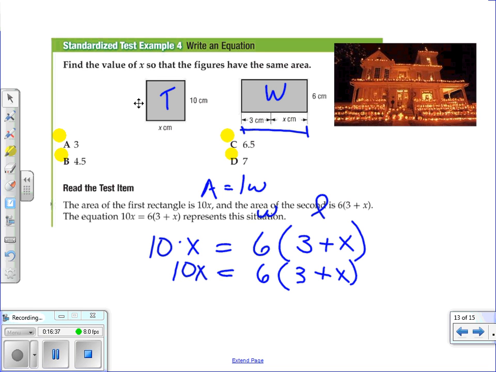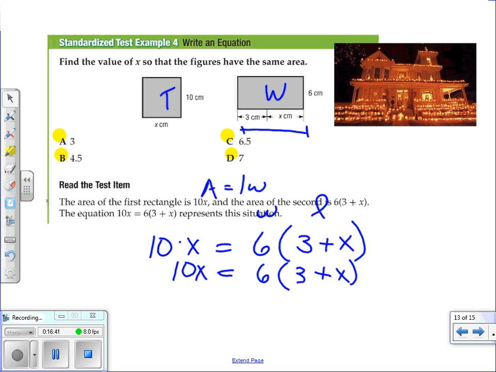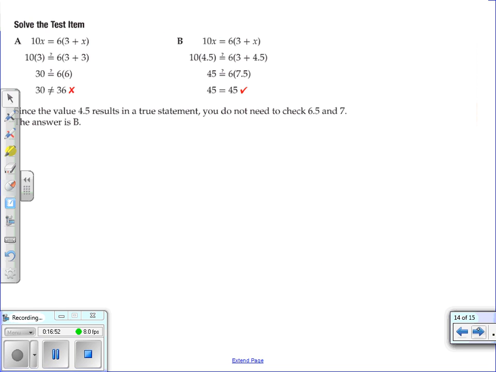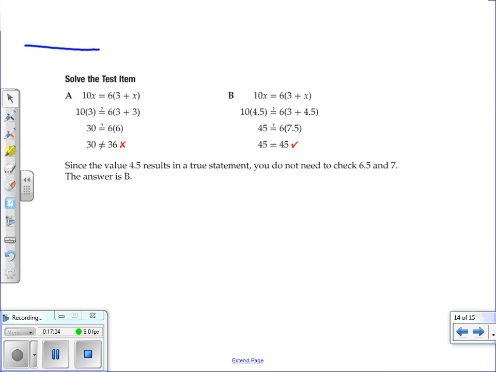Then we have to decide which of these answers, A, B, C, or D, are going to work for this equation. So we'll start with the beginning. So here's our equation, 10x equals 6 parentheses 3 plus x. I'm going to move this a little bit down to the middle of the page.